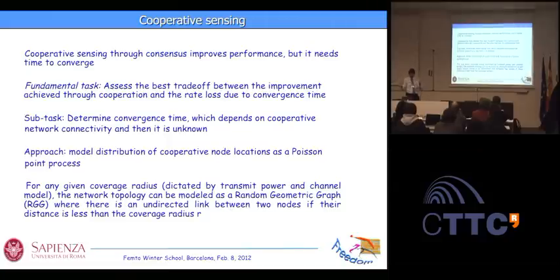So the connectivity is very low in this second situation, and of course it will take more time to converge, because I exchange data here, he will do the same, she will do the same, and so on. But at the same time, the power might be much less, just because every one of us is transmitting at a very low power to exchange this data, as I'm communicating only with my nearest neighbor.